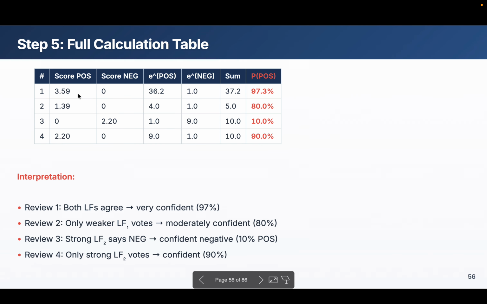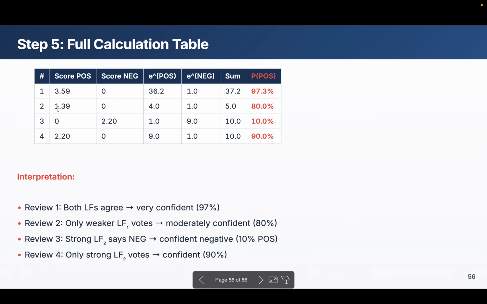So, after that, I will do e to the power 3.59. Just bear with me for the formula. e to the power 3.59 divided by e to the power 3.59 plus e to the power 0, which will give me 0.973 as the probability of positive. This one is 1.39 and this one is 0.